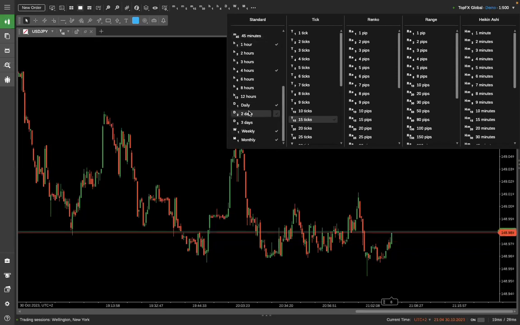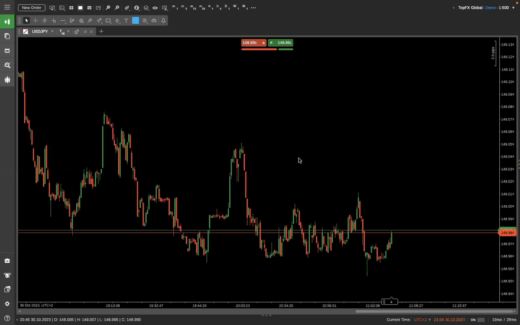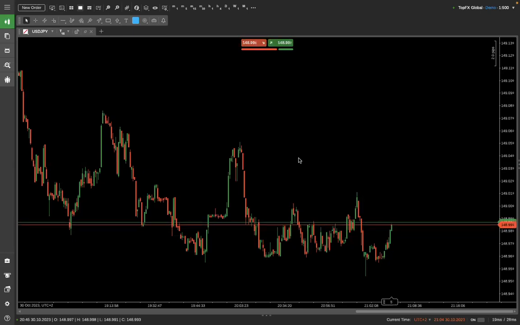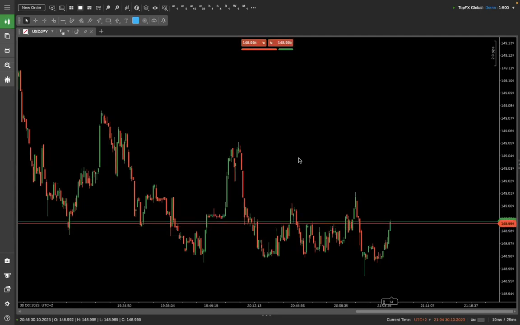In contrast, tick charts focus on the number of trades, which are called ticks, that occur regardless of time. So we can have 100 ticks a second, 100 ticks a minute, or 100 ticks a day. Each bar on a tick chart represents a specific quantity of trades.